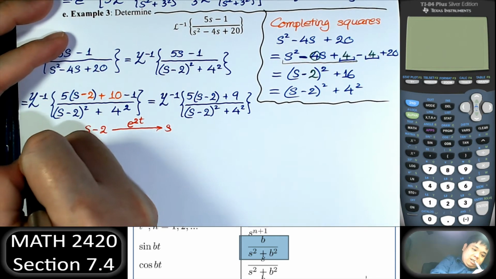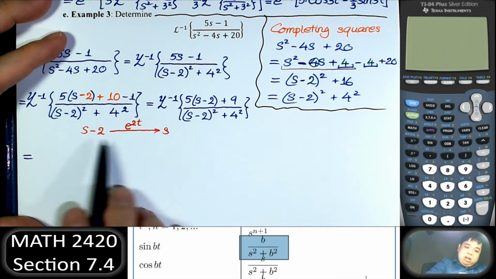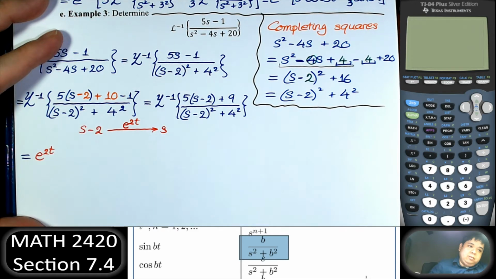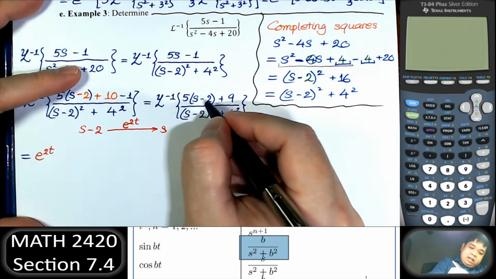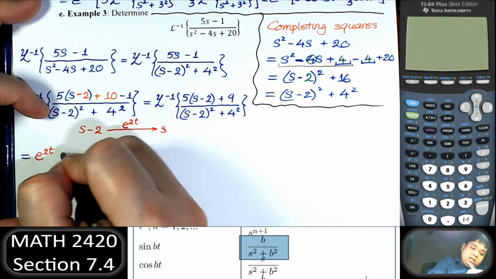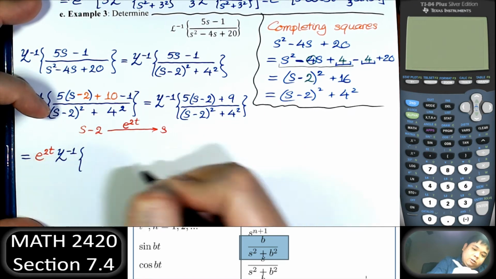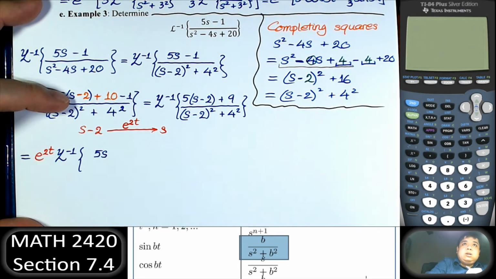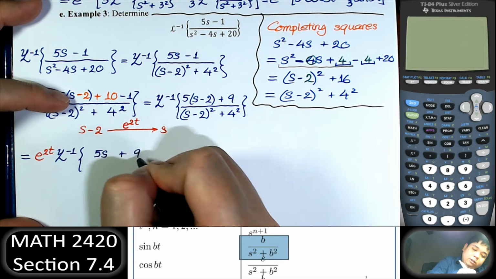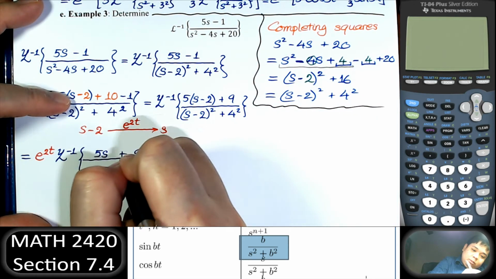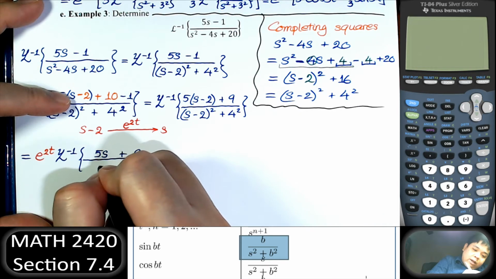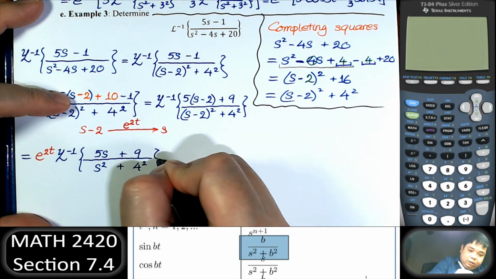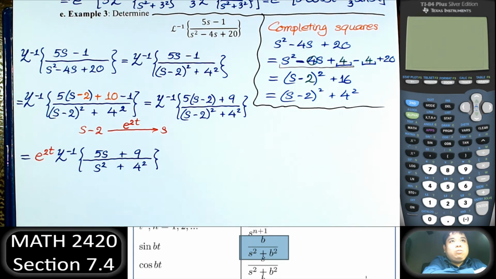So instead of s minus 2 replaced by s, the price to pay is e to the 2t. And in that case, we no longer have s minus 2, we just have s. 5s plus 9 over s squared plus 4 squared. Right, so that's good there.